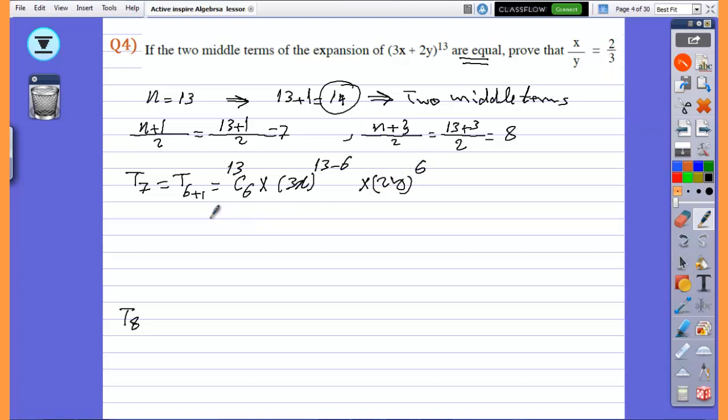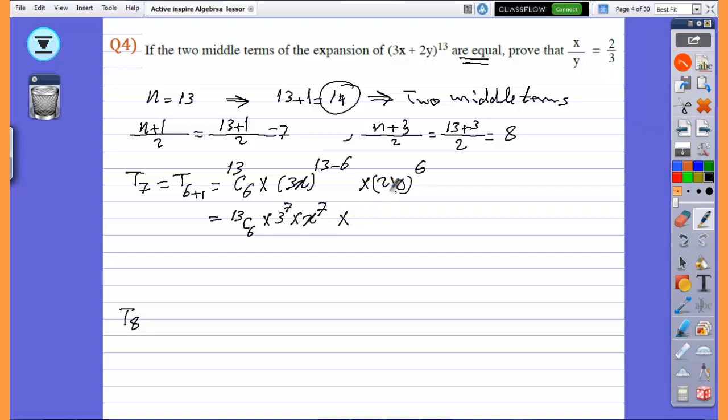So it is equal to 13C6 multiplied by 3 power 13 minus 6 is 7, so we have 3 power 7 multiplied by x power 7.